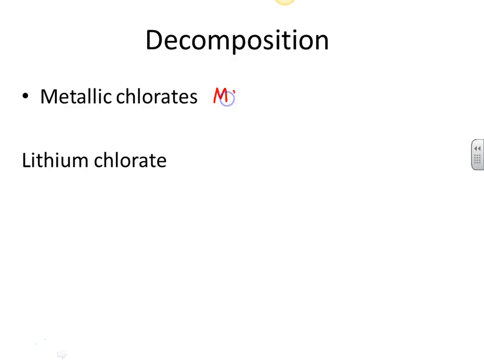Metallic chlorates have a tendency when heated to decompose into metallic chlorides plus oxygen gas. So something like lithium chlorate, LiClO3, will decompose into LiCl plus O2.